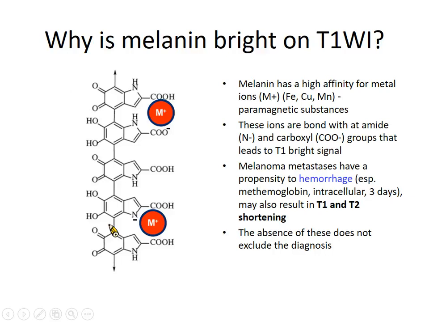So melanin plus hemorrhage, and hemorrhage within 3 days is methemoglobin. In this situation, there is T1 brightening and T2 shortening. More than 50% of melanoma cases display this typical pattern. Of course, the absence of this does not exclude the diagnosis.